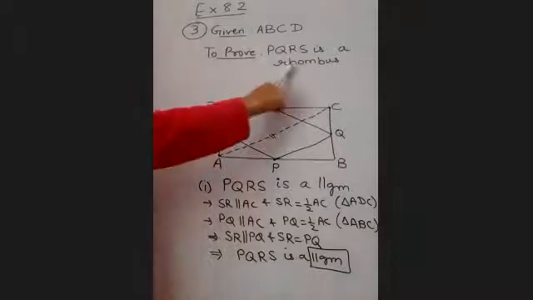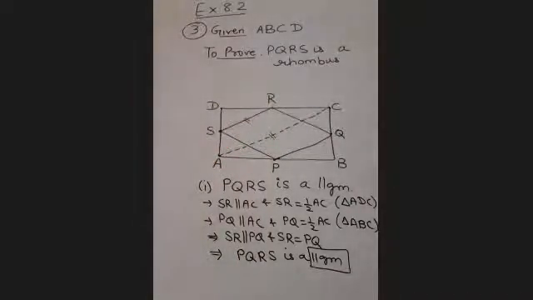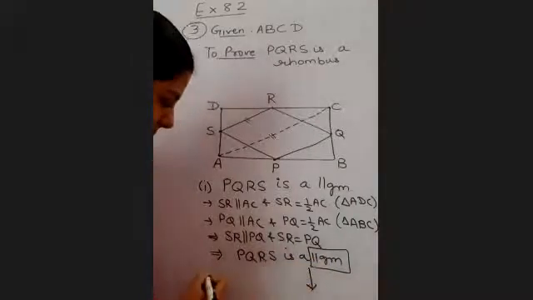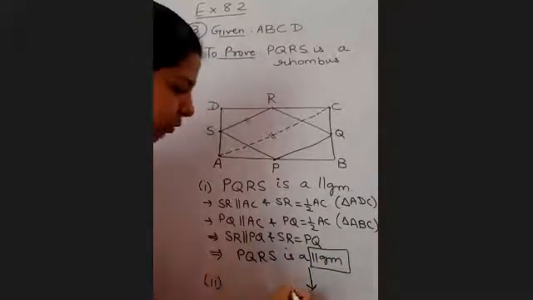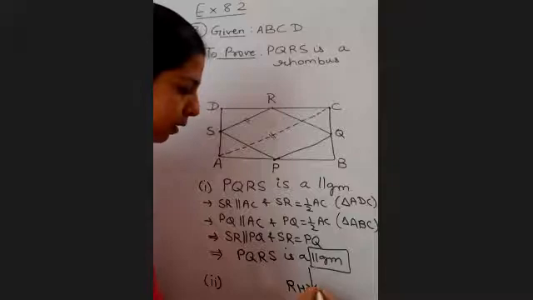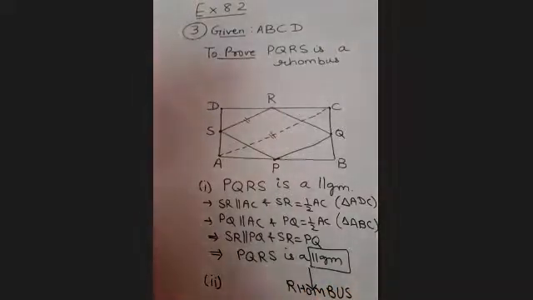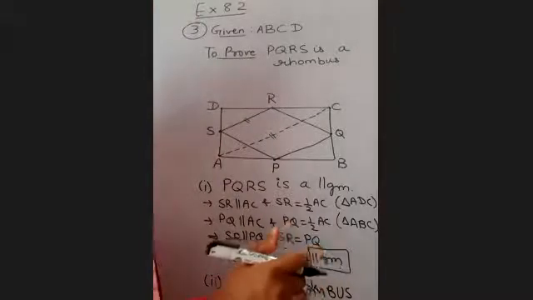But we need to show that PQRS is a rhombus. Children, when do we say that a parallelogram becomes a rhombus? This is the second part of the question. What is the property? All sides are equal.